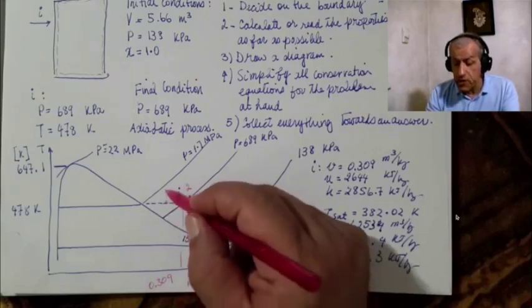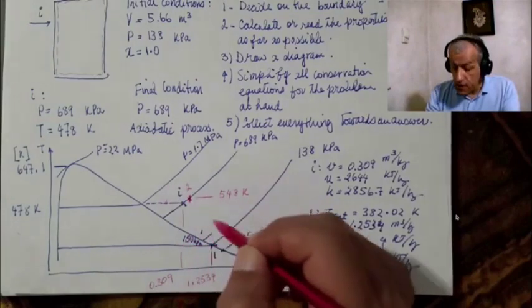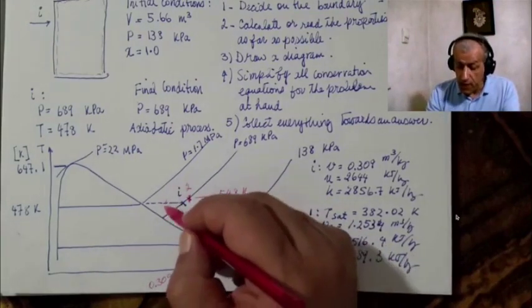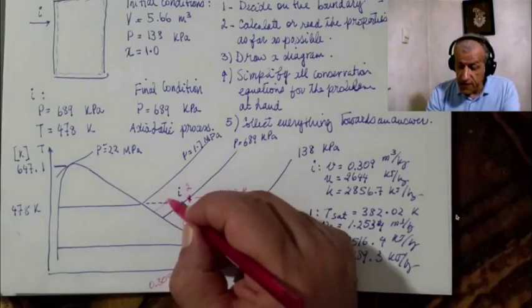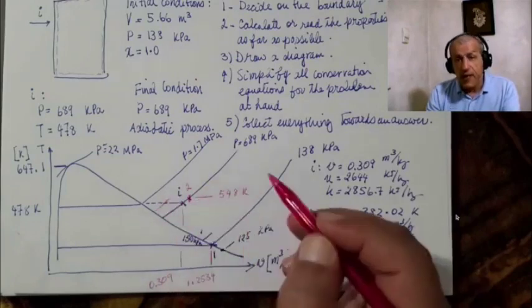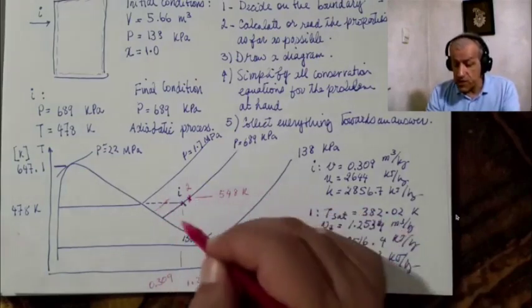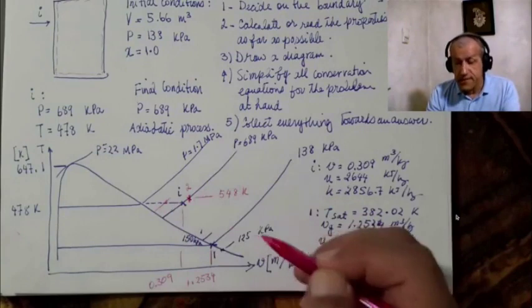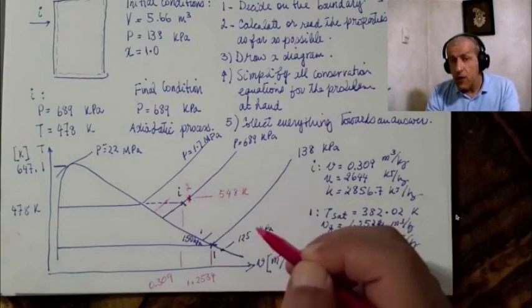Or on higher pressure? Could we have, and this would be higher pressure because if the final point was here, it would have a higher pressure than 689. Could that happen? Still, another point.